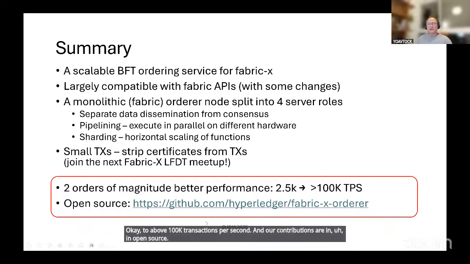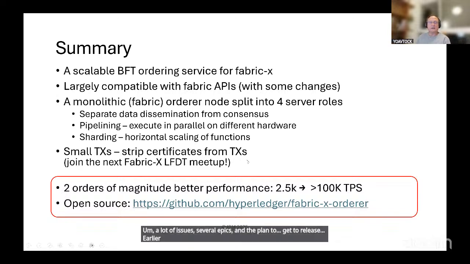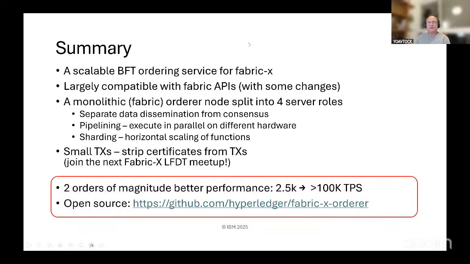I encourage you to go to the Fabric X order repository and see the progress that we have there, the plan. We have a full plan, a lot of issues, several epics, and the plan to get to a release early next year. So that concludes my presentation.